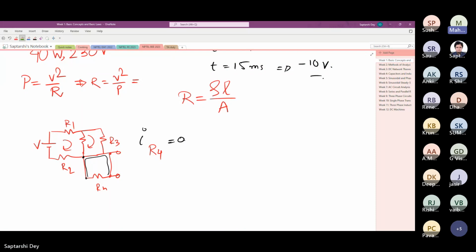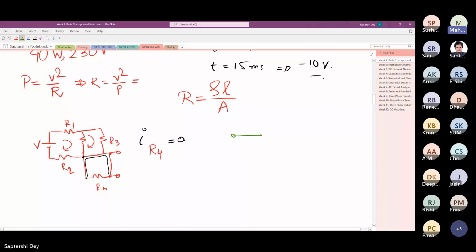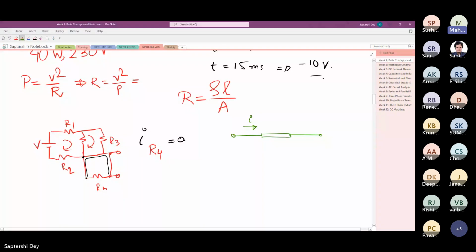For example, when we have a problem where some current is flowing in a conductor, sometimes we see the time interval as 0 to some particular time, 10 millisecond you can take.